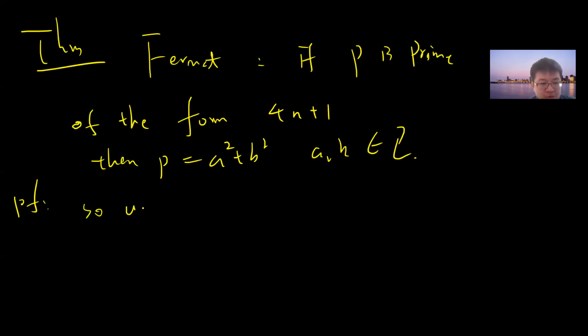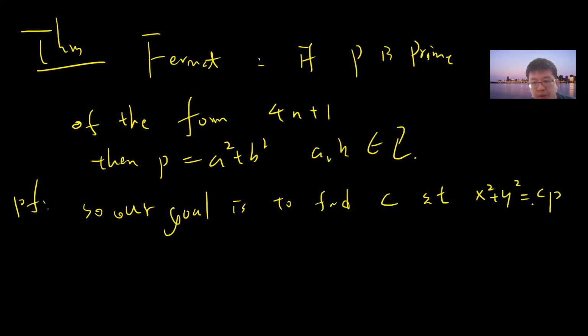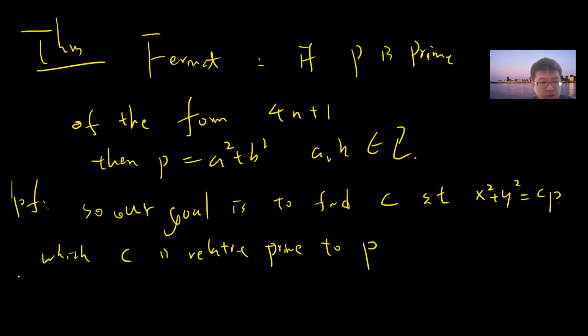Our goal is to find c such that x squared plus y squared equals cP, right? This is our goal, where c is relatively prime to P.